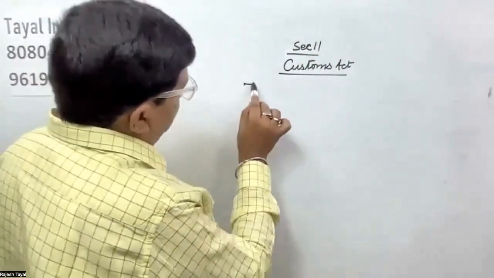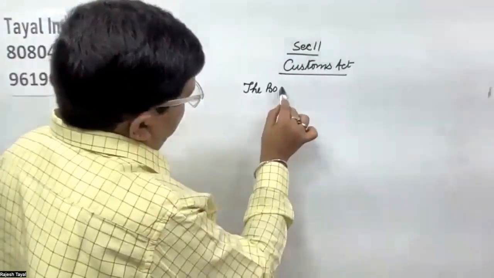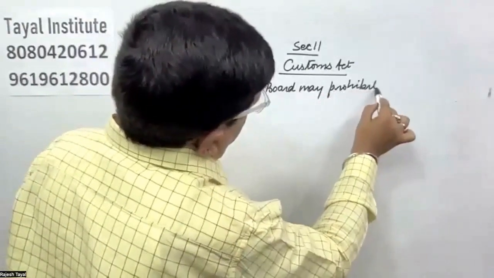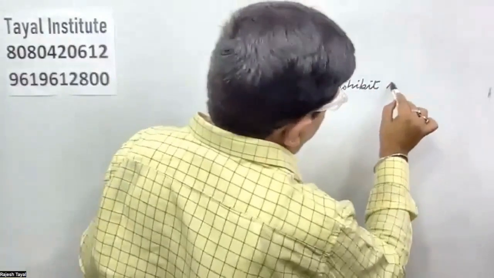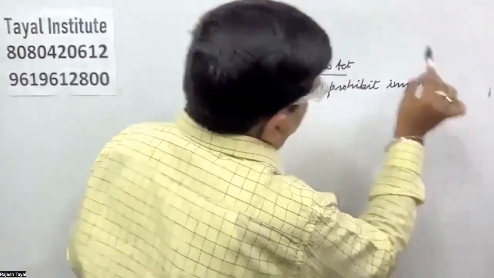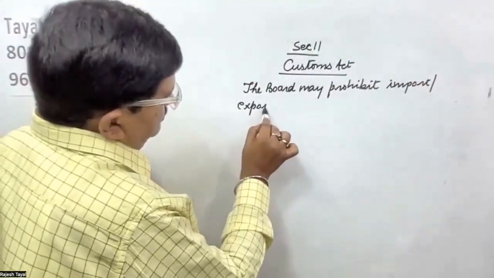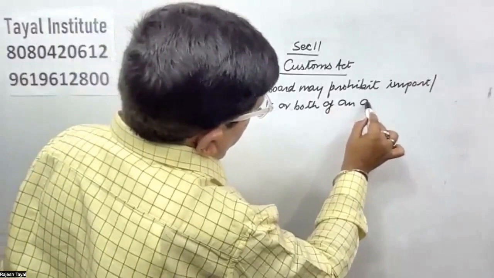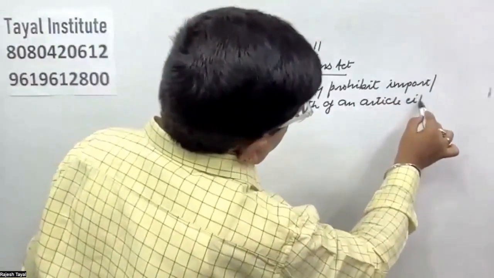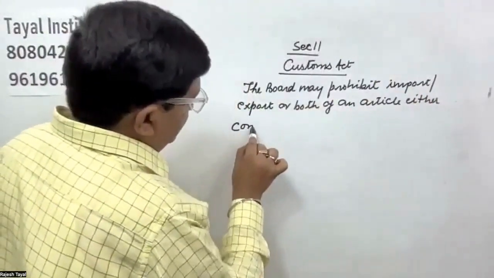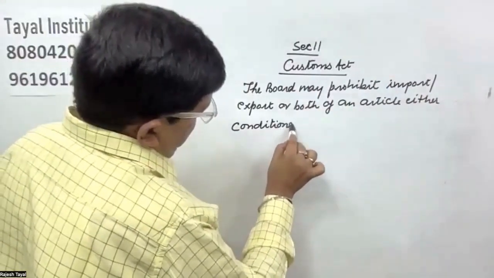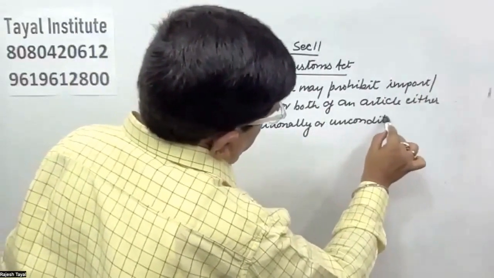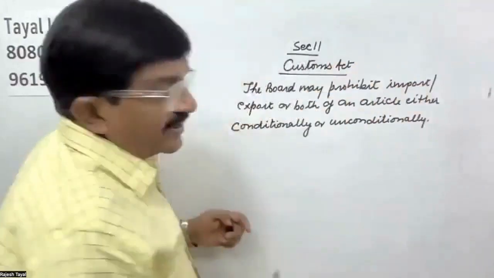This section says the board may prohibit import or export or both of an article either conditionally or unconditionally.